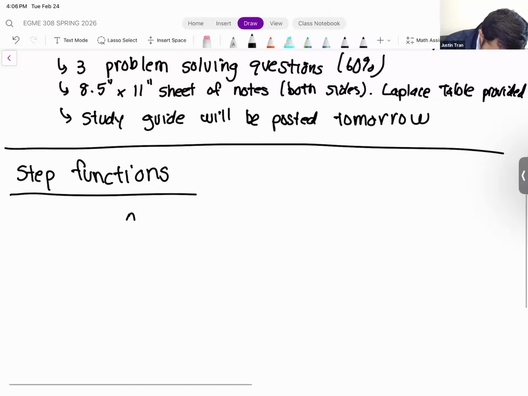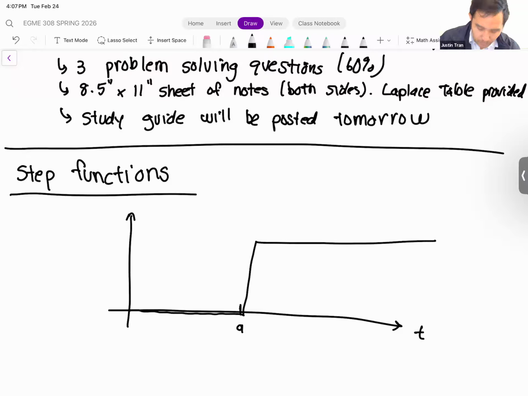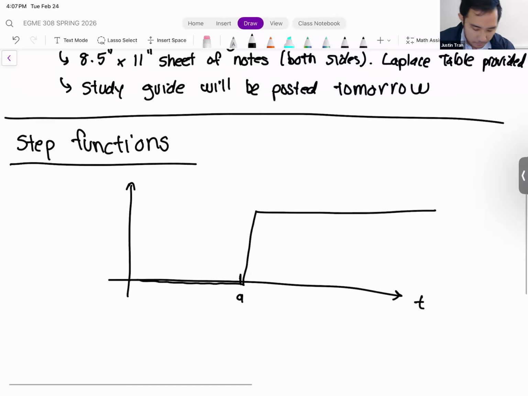It looks like this, where the horizontal axis is time. We have some offset here, so the step starts at some value of time, which is a. Our step function is 0 up until where the step occurs, and then it jumps up to a value of 1.